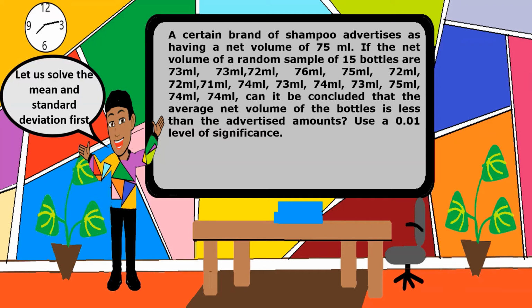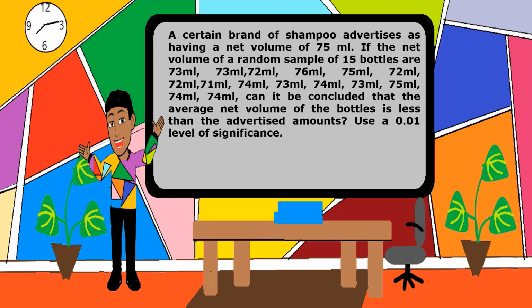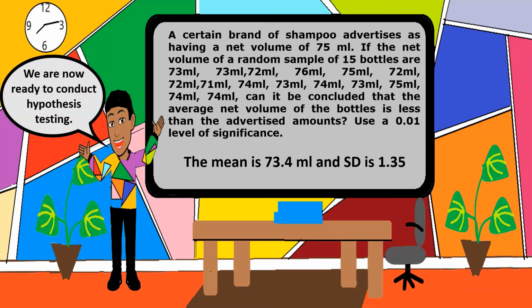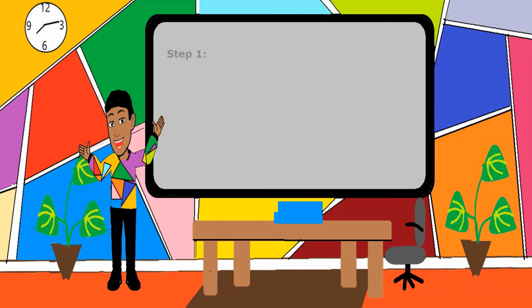Let us solve the mean and standard deviation first. The mean is 73.4 ml and the standard deviation is 1.35. We are now ready to conduct hypothesis testing. Step 1. The null hypothesis: the average volume of shampoo is 75 ml.